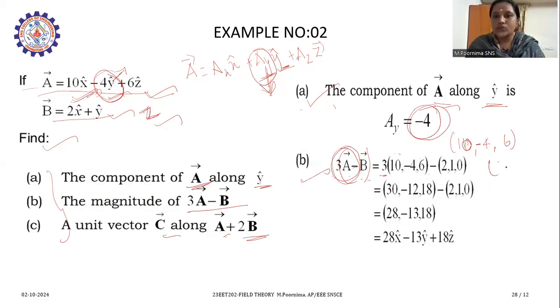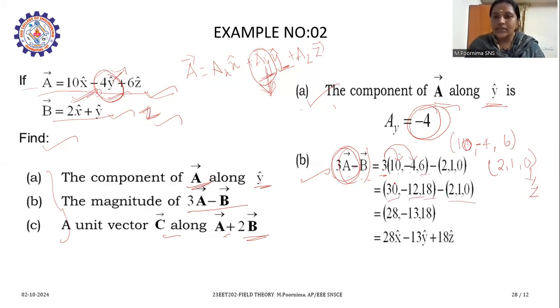B vector is 2, 1, 0, because we don't have a z component, so that is 0. Now we multiply 3 into A: 3 into 10 is 30, 3 into 4 is 12, and 3 into 6 is 18.